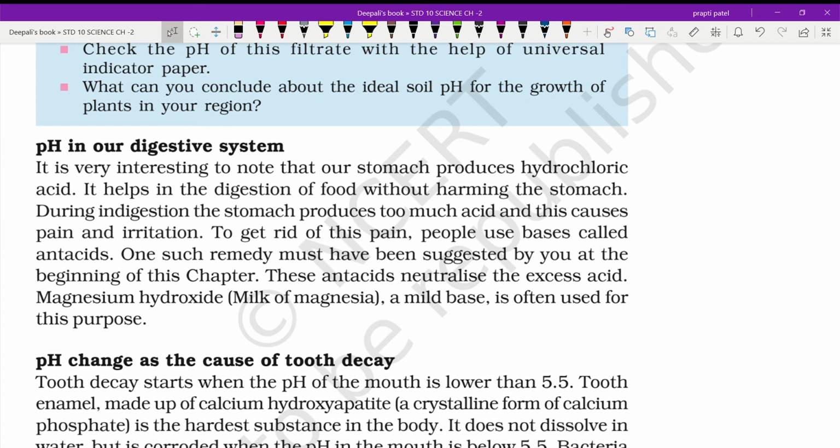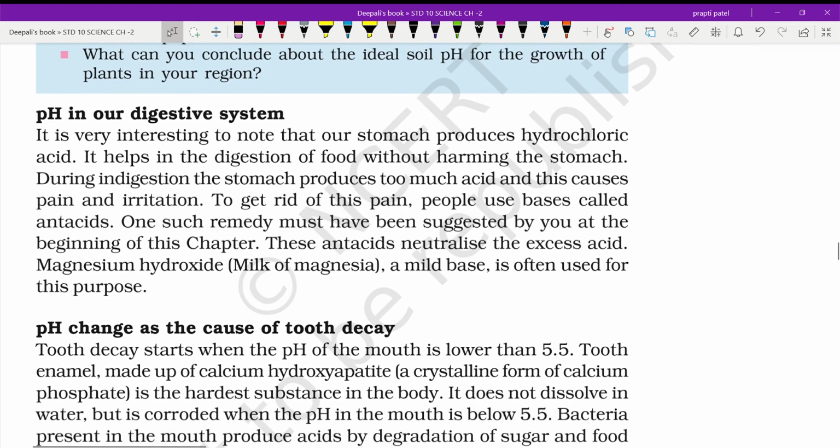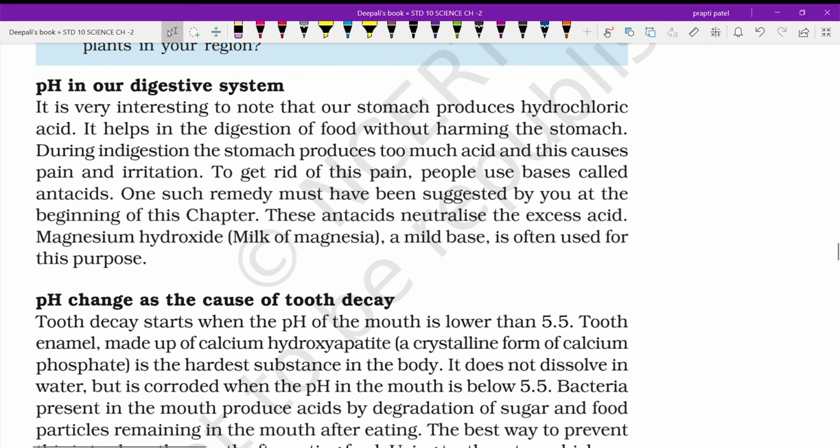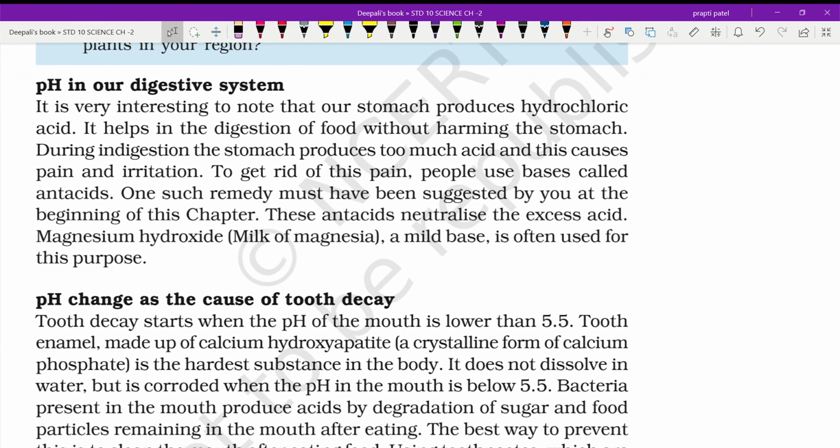So, one such remedy must have been suggested by you at the beginning of this chapter. These antacids neutralize the excess acid. Magnesium hydroxide, milk of magnesia, a mild base, is often used for this purpose. So you can see how pH affects the body and the digestive system.